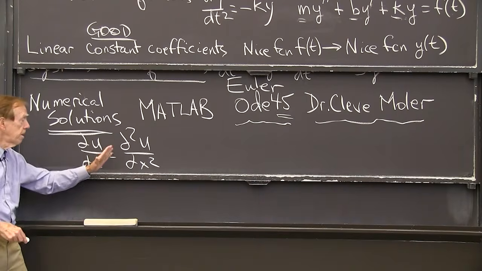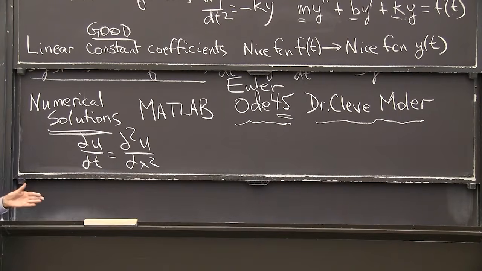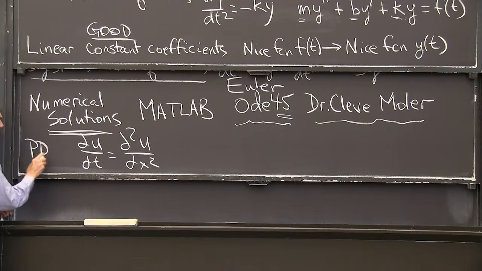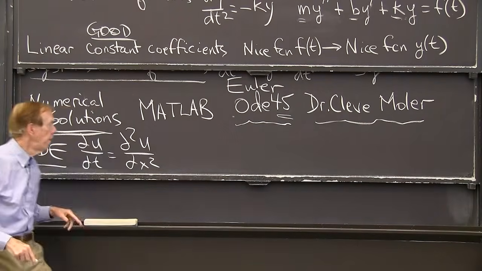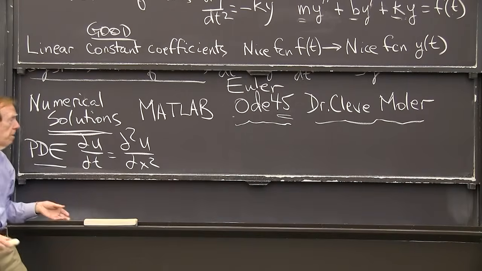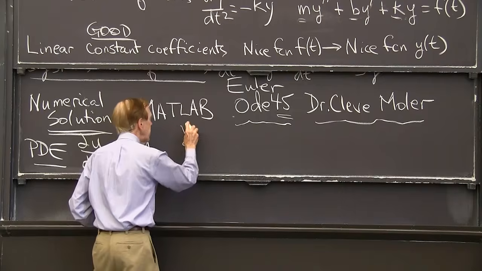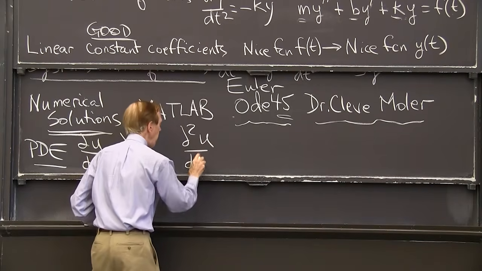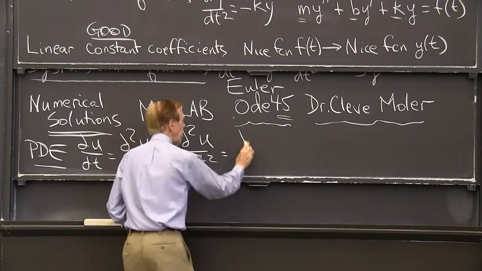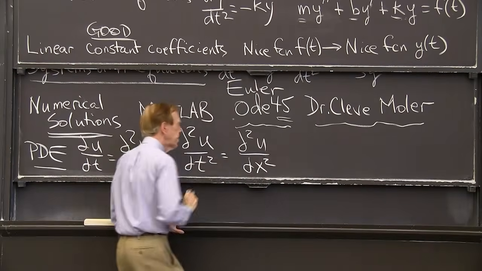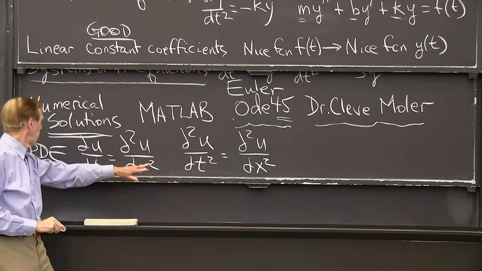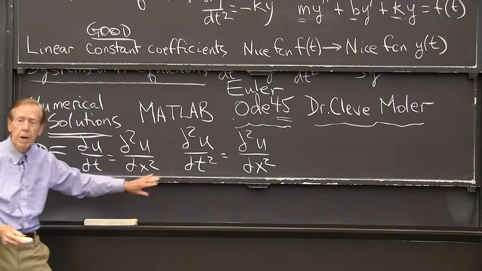That's a very important constant coefficient partial differential equation. So PDE as distinct from ODE. And so I write down one more. The second derivative of u is the same right-hand side, second derivative in the x direction. That would be called the wave equation.